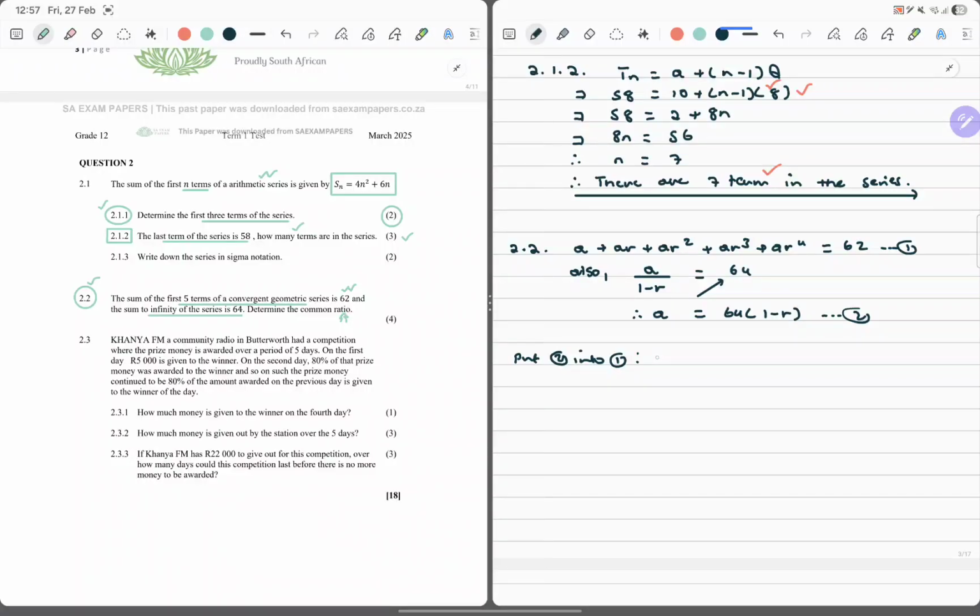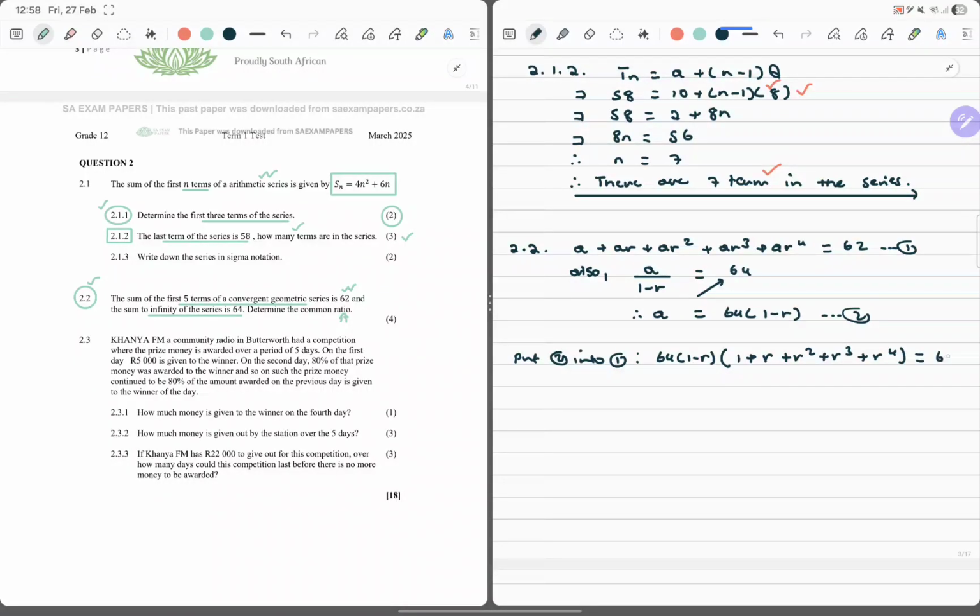We can say A here is going to be 64 into 1 minus r, and then into, we have factored A out, so this is going to be 1 plus r, plus r squared plus r cubed plus r to the exponent 4.